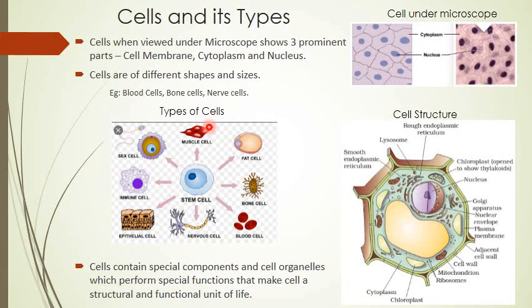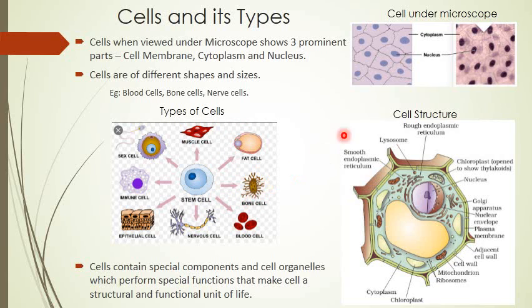There are trillions of cells present in our body and in other organisms. Some types mentioned here are muscle cells, which take this shape, fat cells, which look like this, and bone cells, blood cells, nervous cells, epithelial cells, etc. Cells have different shapes and sizes. It need not always be as I have shown in the slide. It can take different shapes.